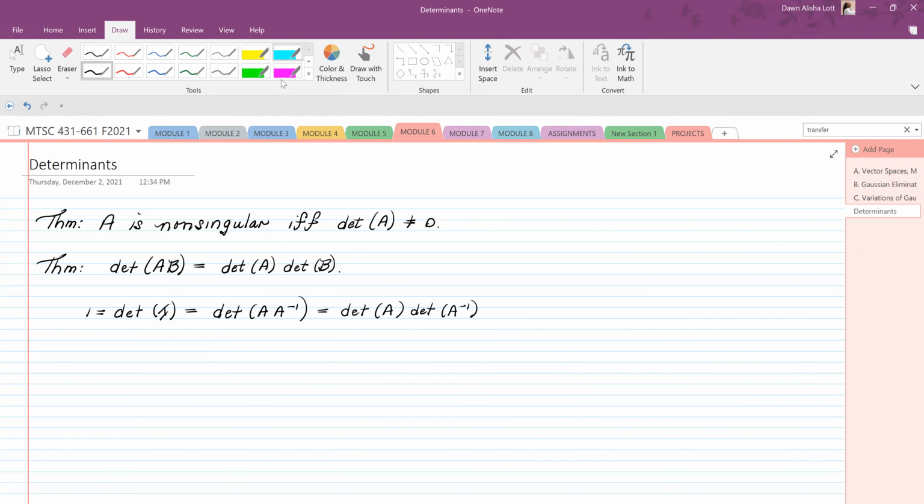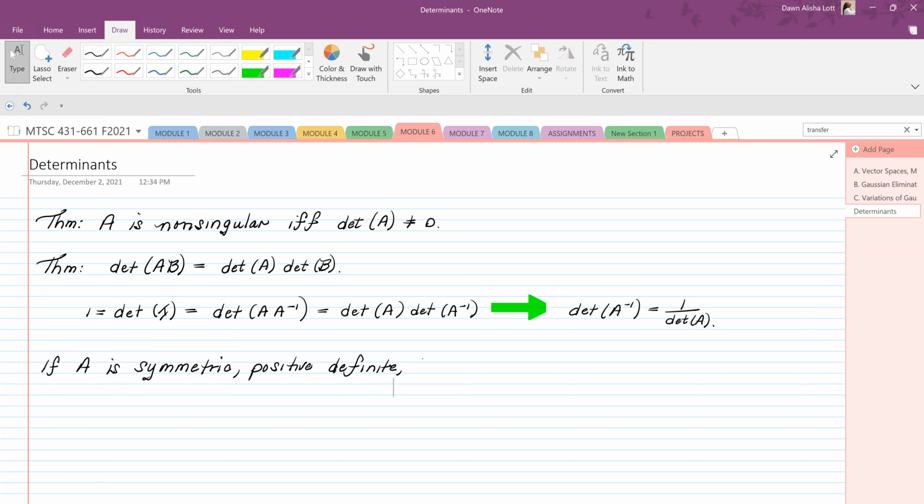And so that implies that the determinant of A inverse is 1 over the determinant of A. The reason why that's important is because if A is symmetric positive definite, you get the D, then A can equal LDL transpose.